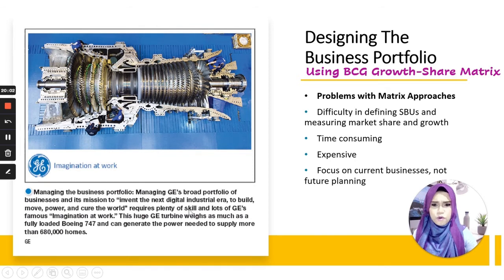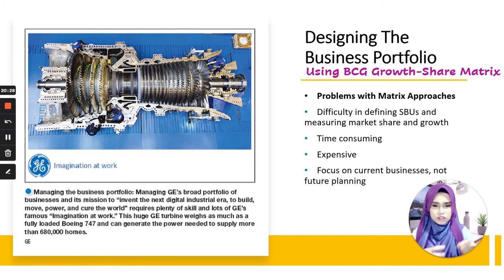This requires plenty of skills and a lot of GE's famous imagination at work. Look at this particular picture. This is the GE turbine, which weighs as much as a fully loaded Boeing 747, and it can generate the power needed to supply more than 680,000 homes.